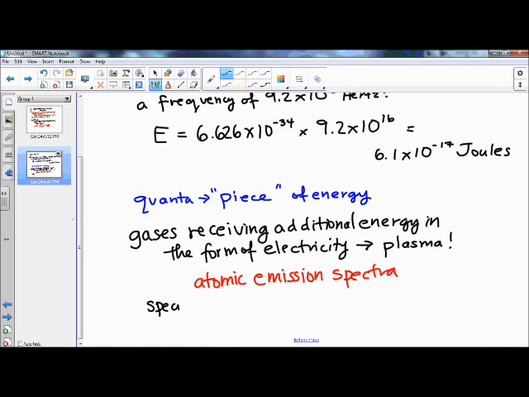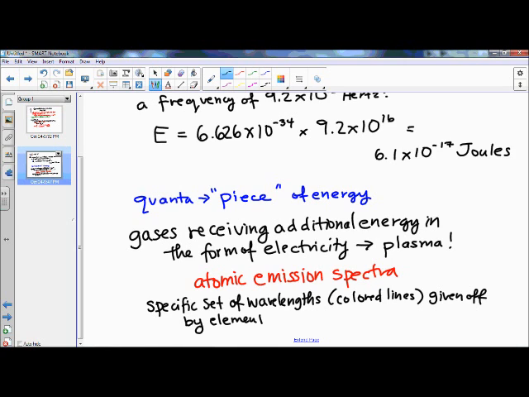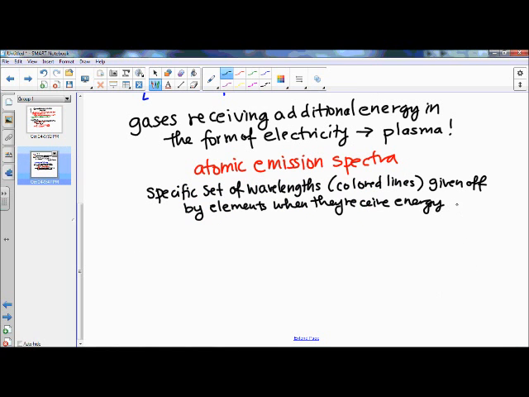It's a specific set of wavelengths, which are the colored lines, and they're given off by elements when they receive energy in the form of heat or electricity.